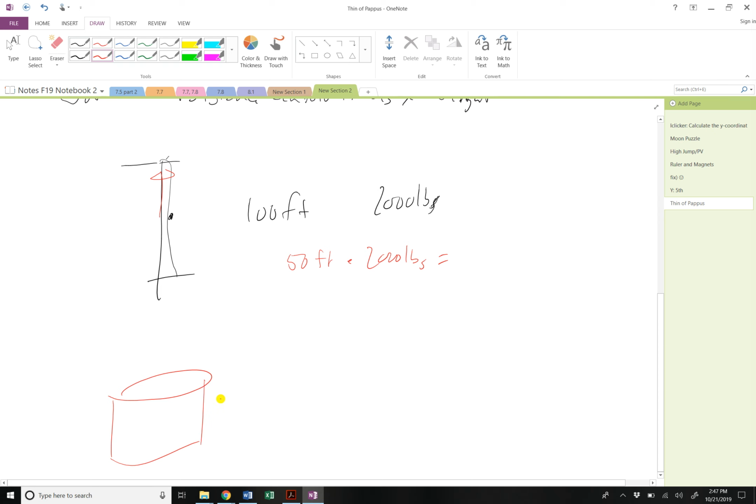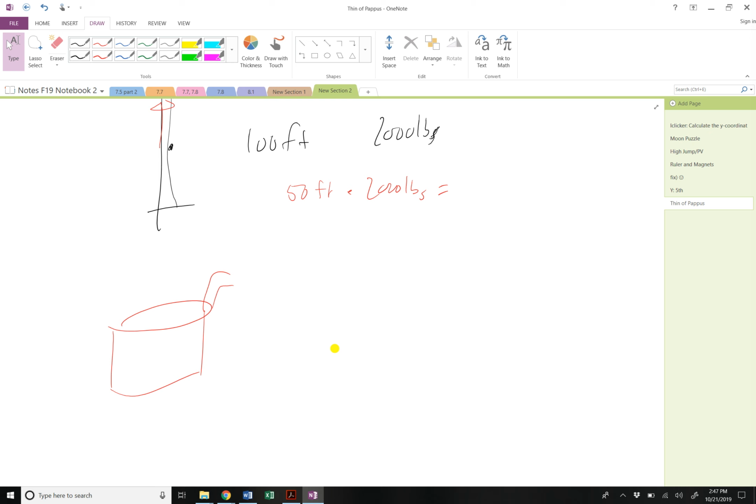What about the pump problems? The pump one's sometimes harder because you don't always know where the centroid is with some of these shapes. But if you do, like here's a shape where this is 4 and maybe the radius is 3 and we're pumping up another 2 feet right here. And we're pumping all the water out of this tank. Well, because of symmetry, I know where the centroid is, halfway up. So the depth of the centroid will be 2.